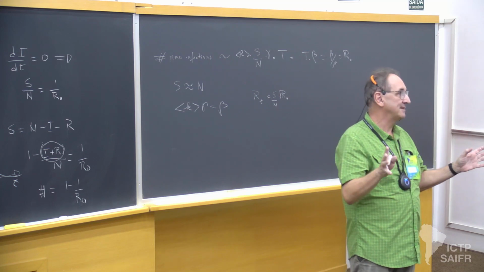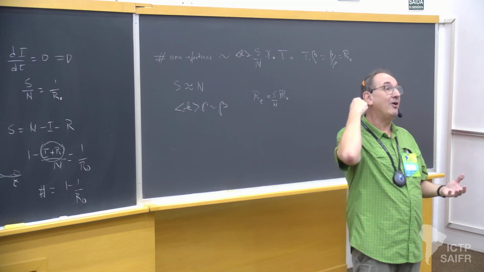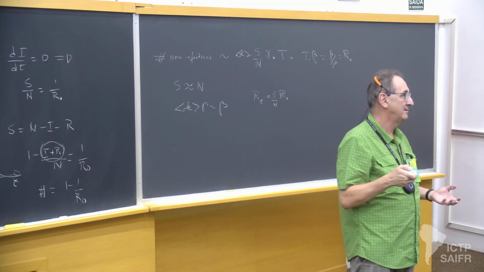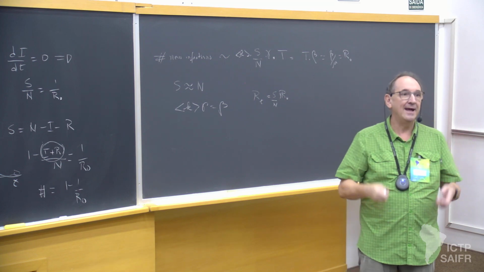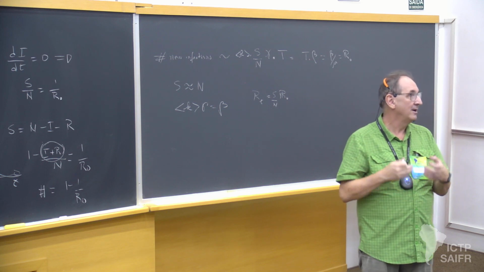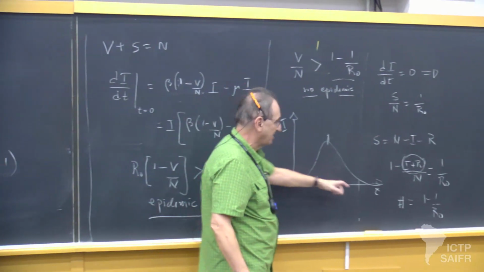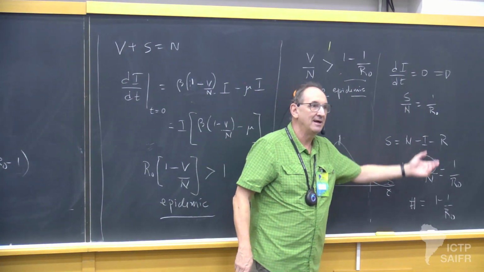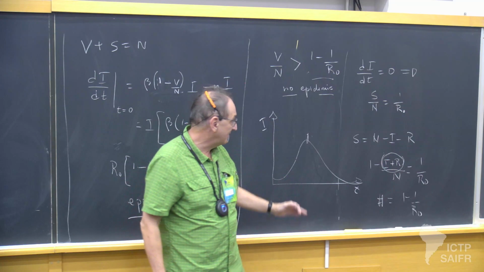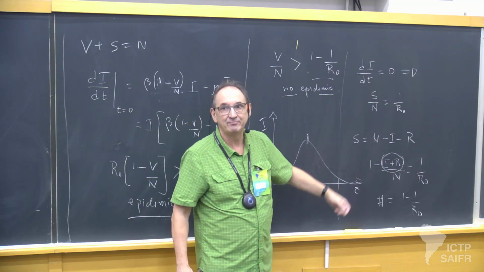It goes to a fixed point, which means that you will always have infected people, which we call an endemic state. So instead of having a curve like that one here, which goes to 0 at the end of the epidemic, there is no end of the epidemic. It goes to a certain constant.